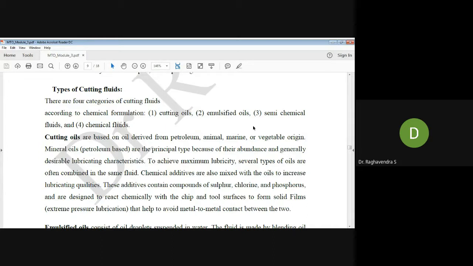So all the principal types, because of their abundance and generally desirable lubricating characteristics. What is lubricating? Lubricating is done only to reduce the friction.